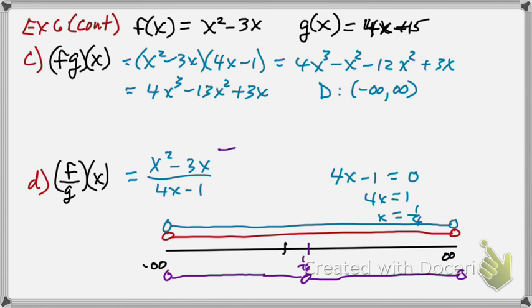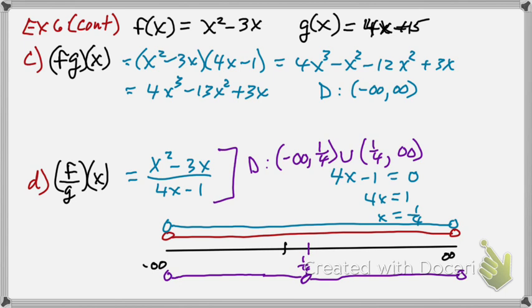This thing right here has a domain of negative infinity all the way up to, but not including 1/4, union starting at just beyond 1/4 and going to positive infinity. The division one has that extra caveat, if you will. Make sure the bottom's not 0.